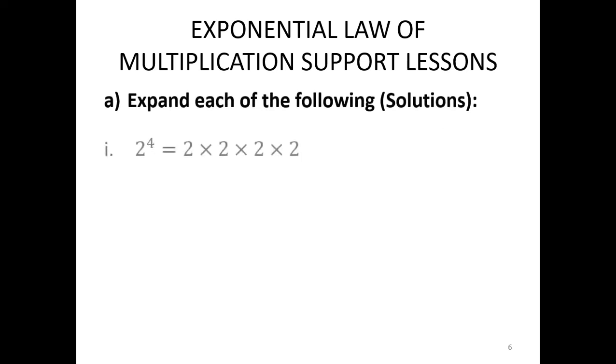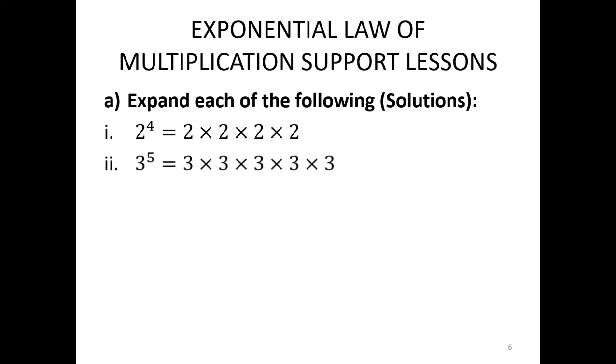Now, 2 to the exponent of 4 will be 2 times 2 times 2 times 2. You multiply 2 by itself 4 times, and 3 to the exponent of 5, you will multiply 3 by itself 5 times. 5 to the exponent of 3, you'll multiply 5 by itself 3 times.